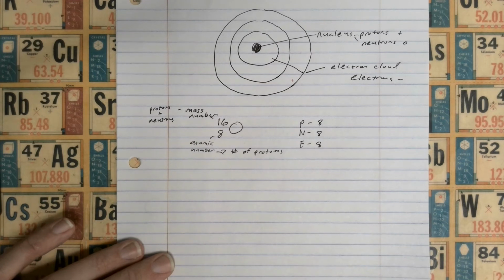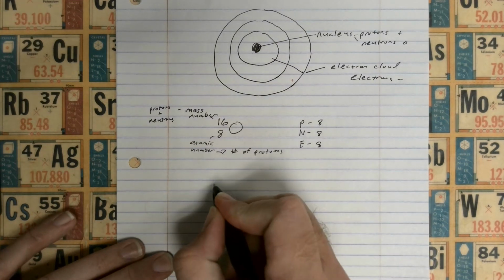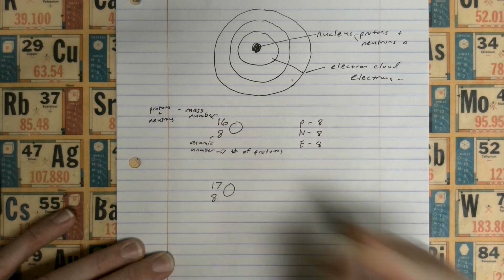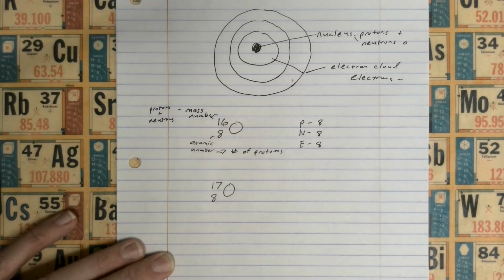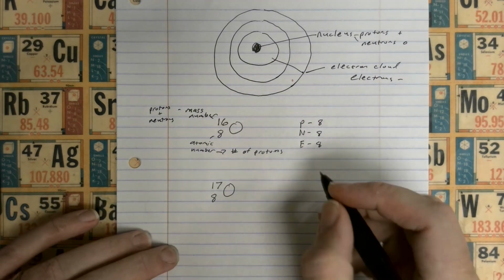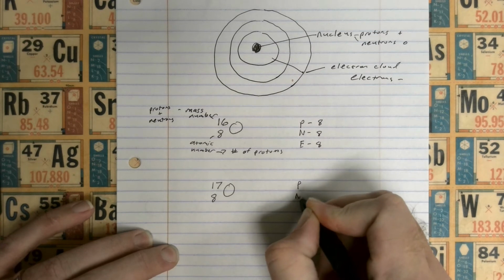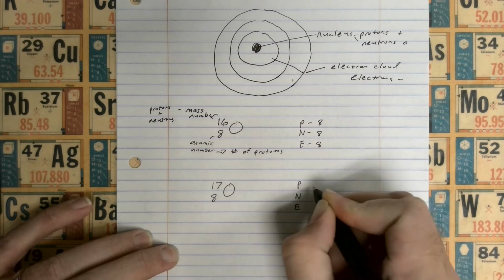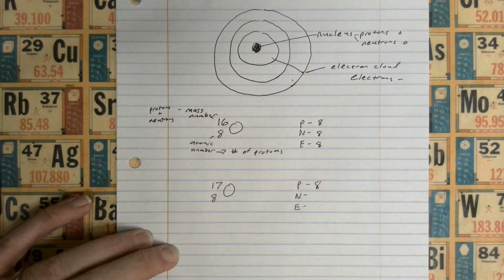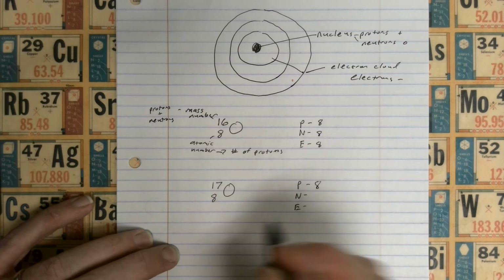Isotope of oxygen. If I wanted to do something a little bit different, let's say it was oxygen with mass number 17 and atomic number 8. Now I've changed the top number. How many protons, neutrons, and electrons are in this one? Since it still is oxygen, I have 8 protons. It's also a neutral atom.